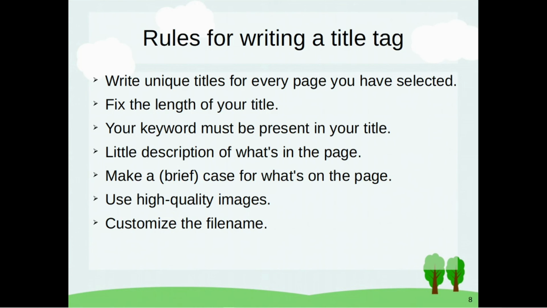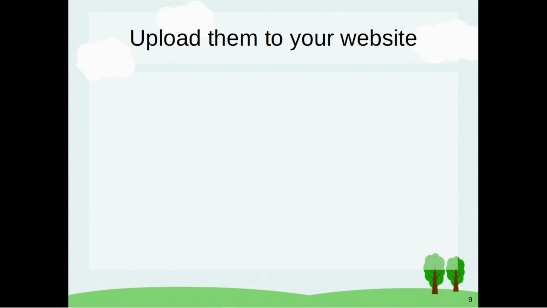You must have a separate file name so that it does not match others. Suppose you have one home page and one product page. You can change both names so that the search engine can differentiate between all the pages. The next, you can also use alt text.